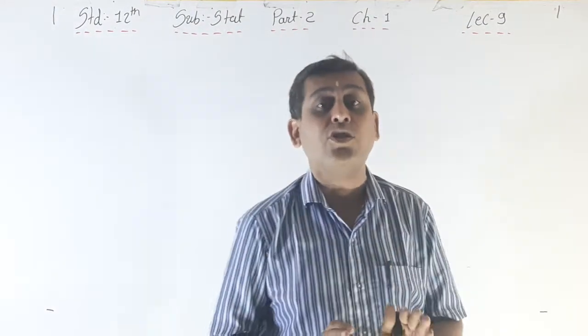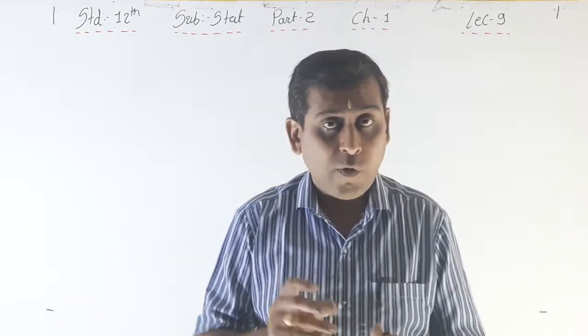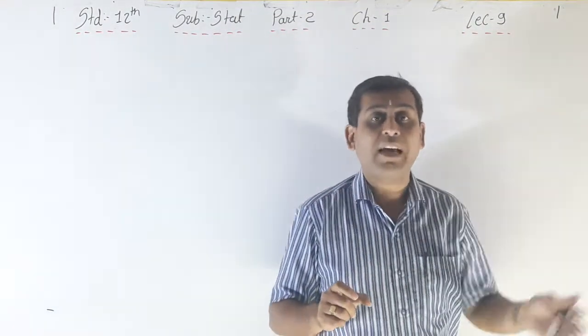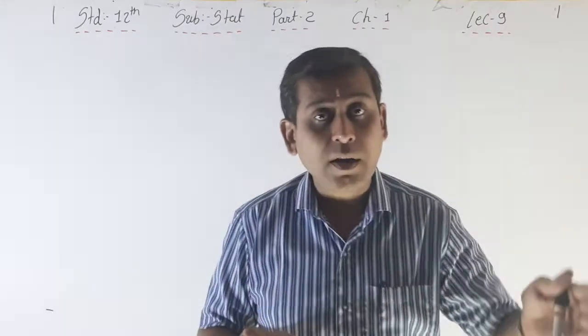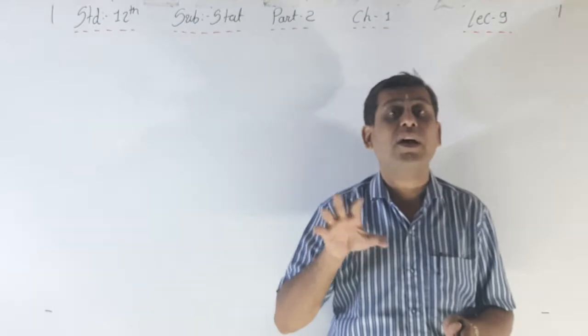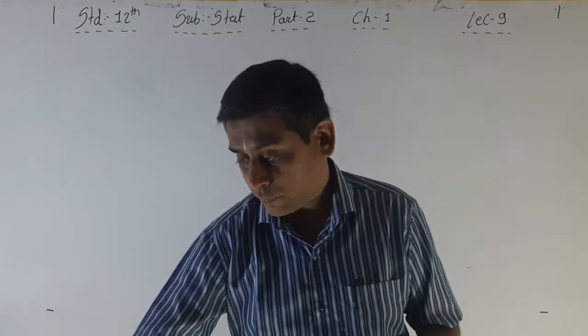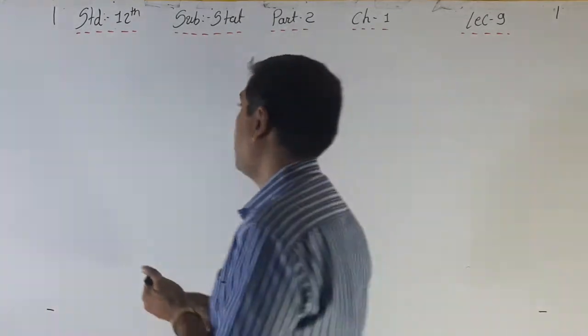Now selection is there, that's why we have to use the combination. As I told you in my last lecture, whenever arrangement is there, we have to use permutations. Whenever selection is there, we have to use combination. Okay, see now we will start.